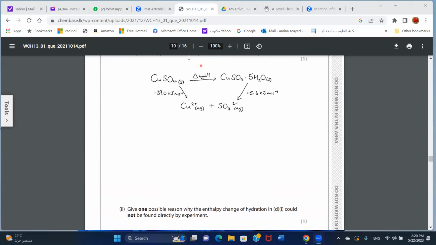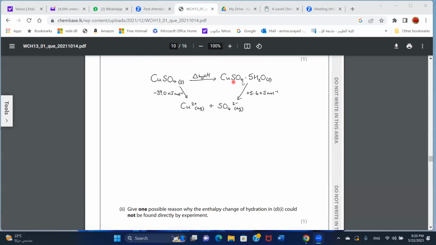What we usually say here is, because we have both reactants and products in the form of solids.